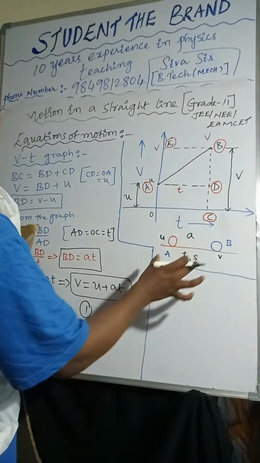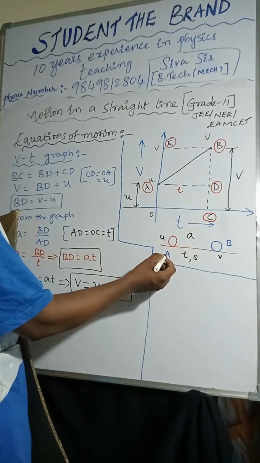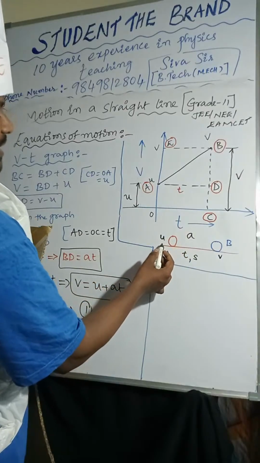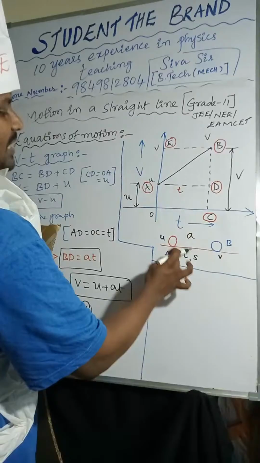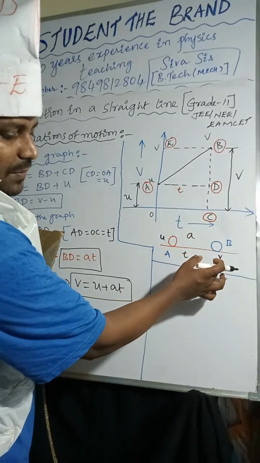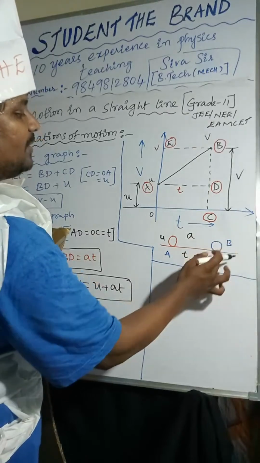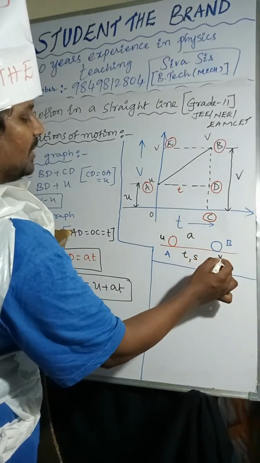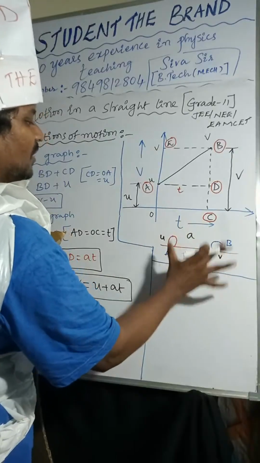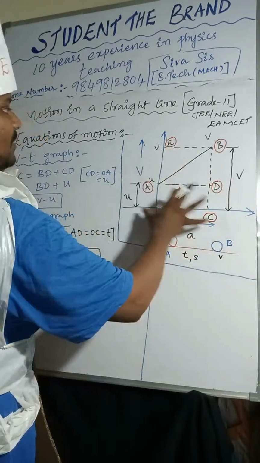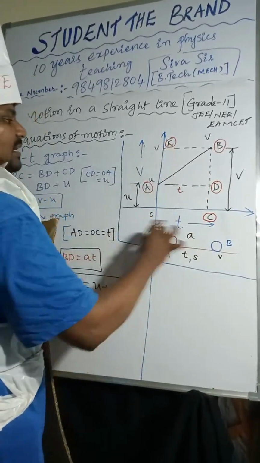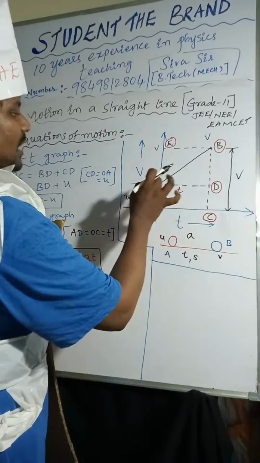So again, I am taking the same scenario. The object is at point A with initial velocity U. After a certain time, it travels a certain distance with uniform acceleration and reaches point B, where the final velocity is V. The same case we are now drawing in the format of a graph, with velocity on the y-axis and T on the x-axis.